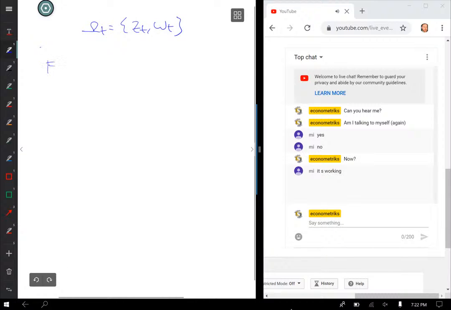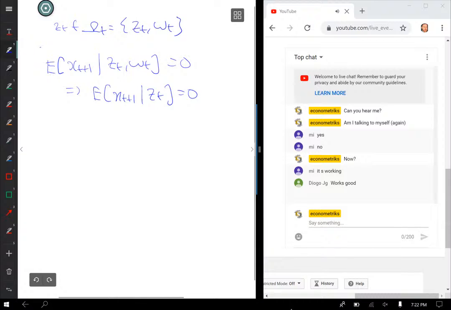Well, in that case we've got E of some variable next period given omega t, in this case zt and wt, equals naught for all z and w, implies E of xt plus 1, just to give a simpler example, given just one of them, equals naught for all zt. Again, because of course zt belongs to this bigger set.